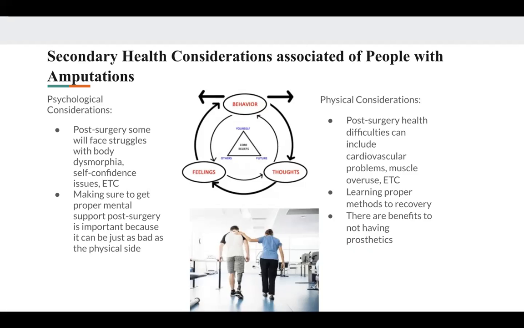And ways you can recover from that is going to a physical therapist and learning proper methods to recover. And there are such things as benefits to having prosthetics and not having prosthetics.